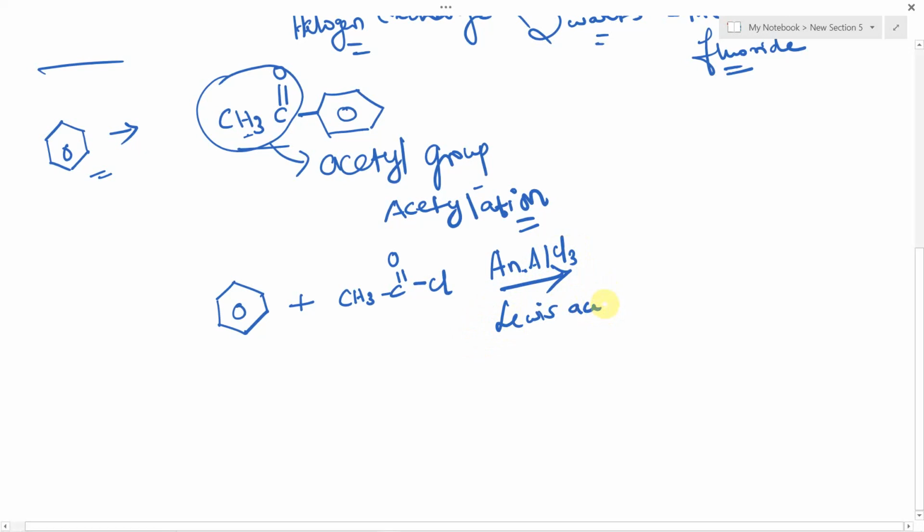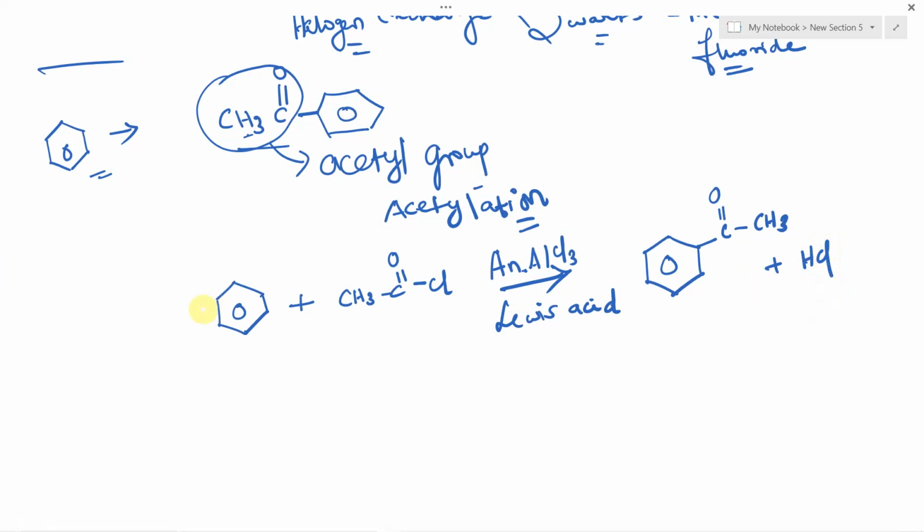The Lewis acid will abstract the Cl and become AlCl4 minus, and then a hydrogen will be released from the benzene, and that hydrogen will grab the Cl and HCl will be formed, and the remaining part CH3C double bond O will be attached to the benzene ring. That gives C double bond O CH3 plus HCl, right?